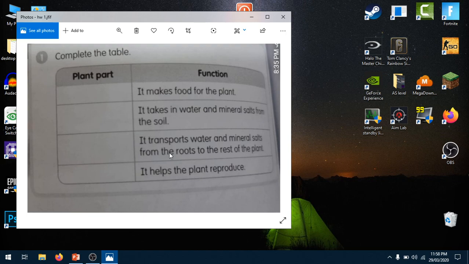So which part transports the water and mineral salt from the roots to the different parts of the plant? It helps the plant to reproduce. Which part helps the plant to reproduce? You will do this one in the pupil book. Okay, this is the exercise, and you will show me on WhatsApp, my personal WhatsApp. Do it, take a picture, and send it to my personal WhatsApp.